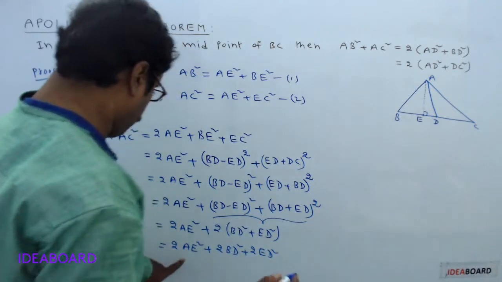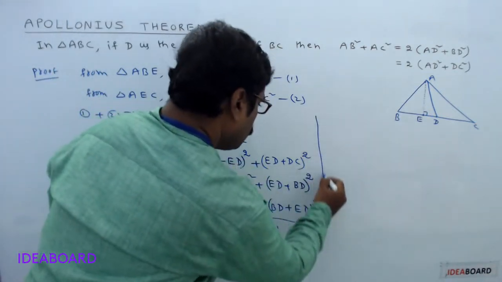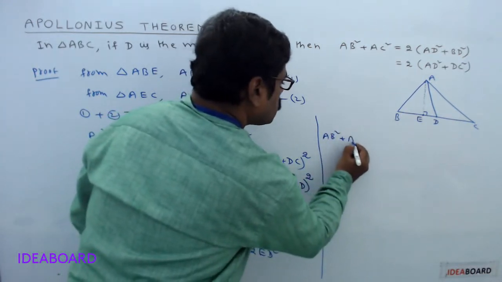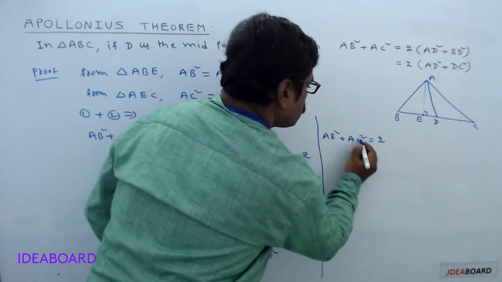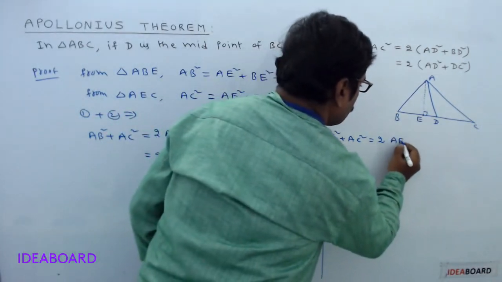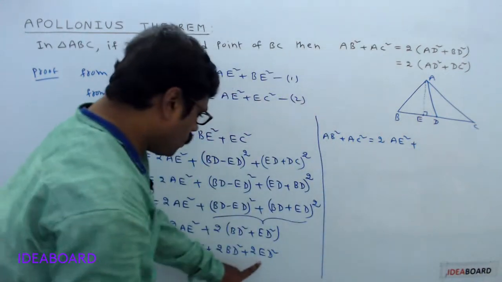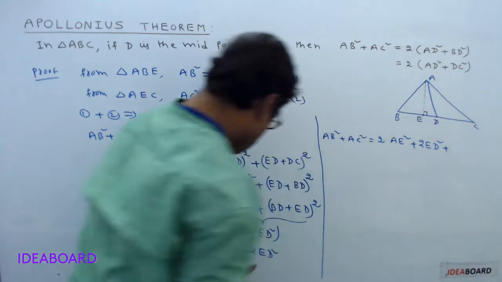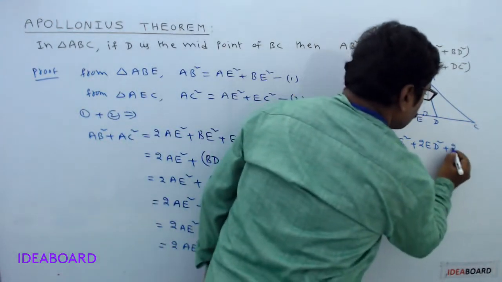Here AB square plus AC square equals 2 into AE square plus 2 into ED square plus 2 into BD square.